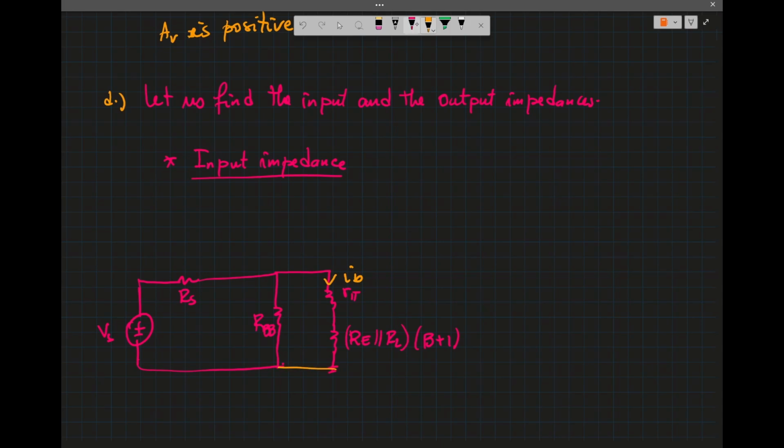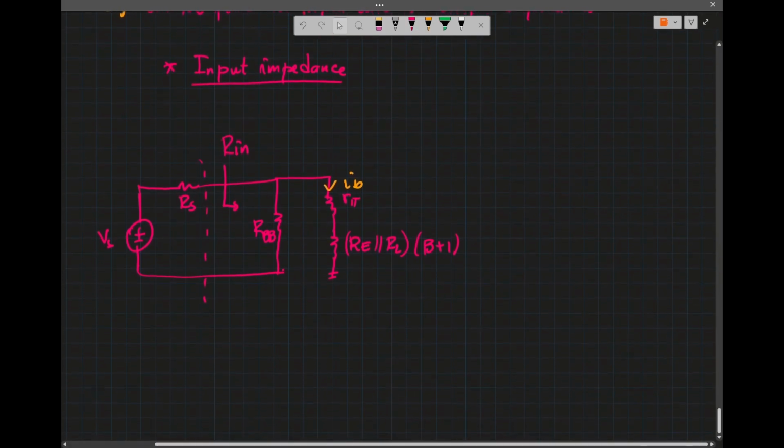Now, the input impedance is looked at right from here, because that's where we connect the source, the input source.